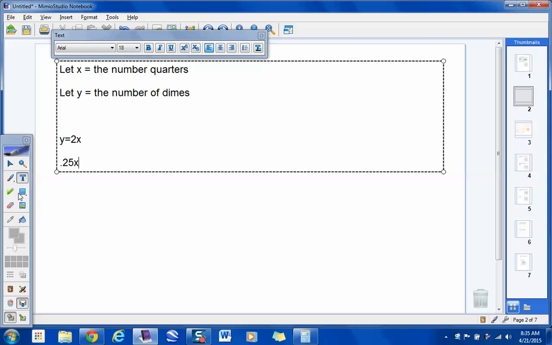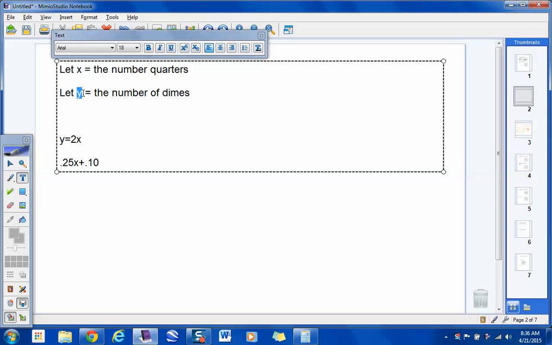If I had a number to plug in for the number of quarters, let's say 6, or 5, or 4, or 3, wouldn't I take that times 25 cents to know how much money that was? Like if I had 5 quarters, when you plug 5 in for x, 5 times a quarter would give you an amount, right? Yes. Okay? And then to that we were adding in some dimes, and each dime is worth how much? 10 cents. So 0.10 times, how many dimes do you have up here, gang?